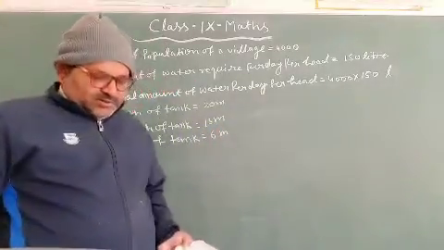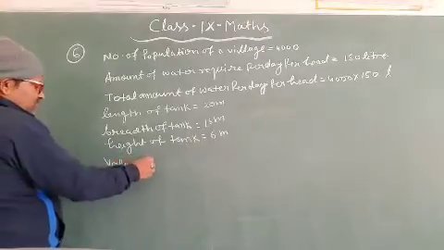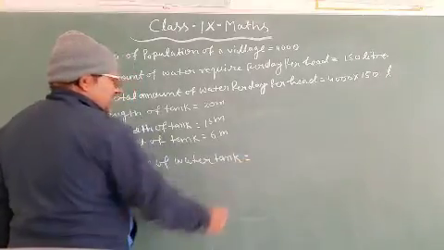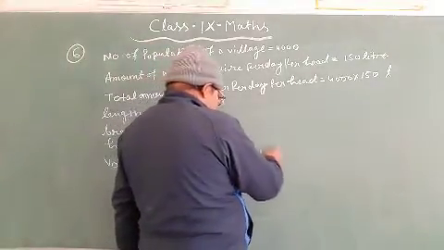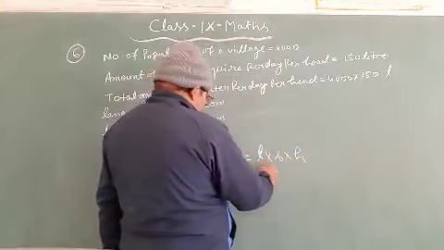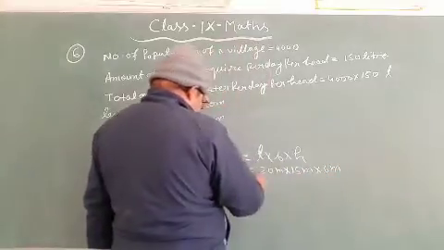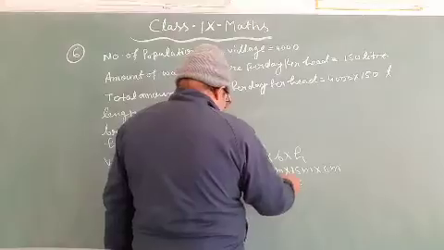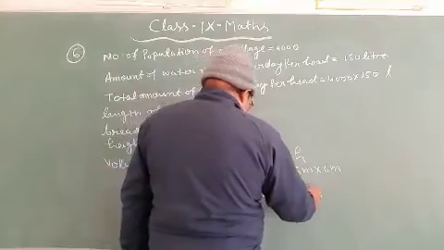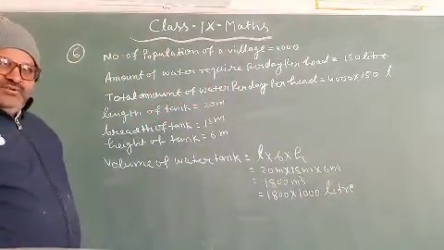So the volume of water tank equal to length into breadth into height, 20 meter, 15 meter and 6 meter, that is 1800 meter cube, and 1800 into 1000 liter is the volume of the water tank.